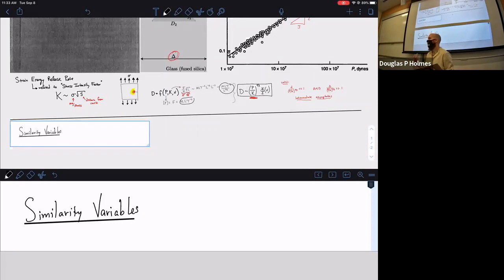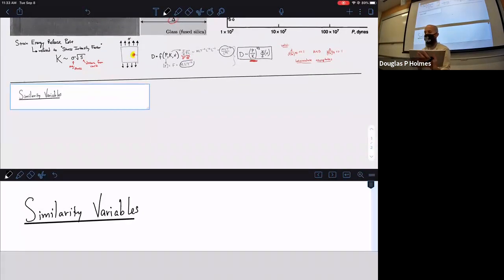To do so, we're going to look at another problem that I think is probably familiar to you. If you've taken a class on differential equations, or especially a class that involves PDEs, you've undoubtedly encountered the diffusion equation. If you haven't, that's fine. We're going to solve the diffusion equation differently.